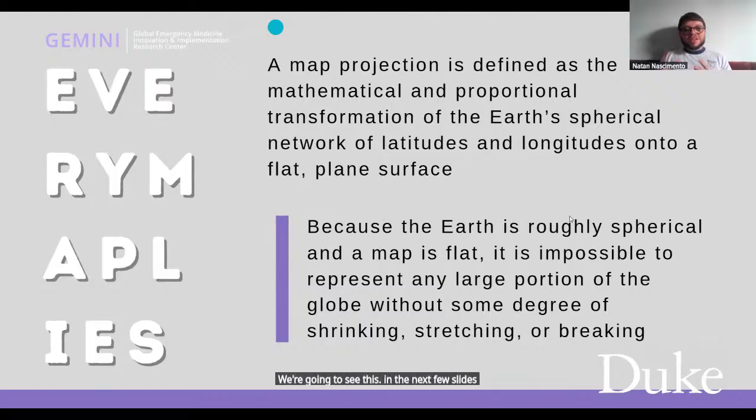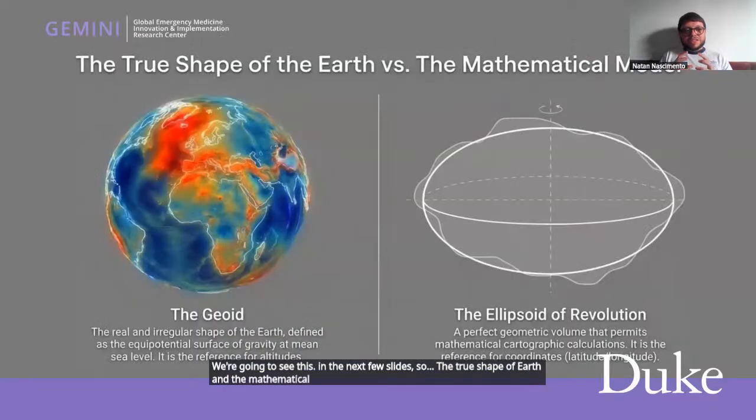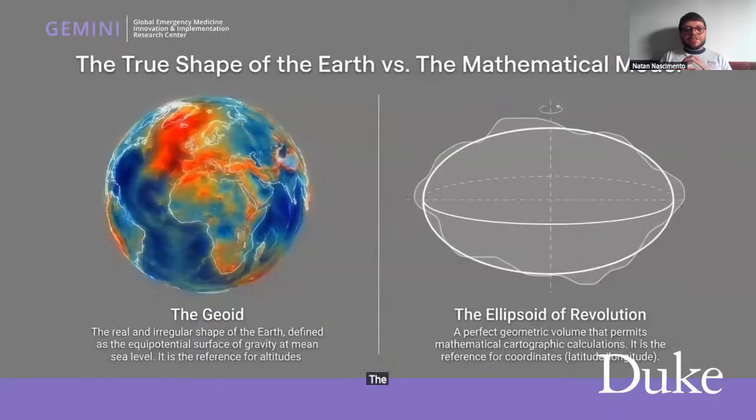So the true shape of Earth and the mathematical model. The true shape of Earth is the geoid, so it's irregular. It is defined as the equipotential surface of gravity at mean sea level. So we use the true shape of Earth when we want altitudes.